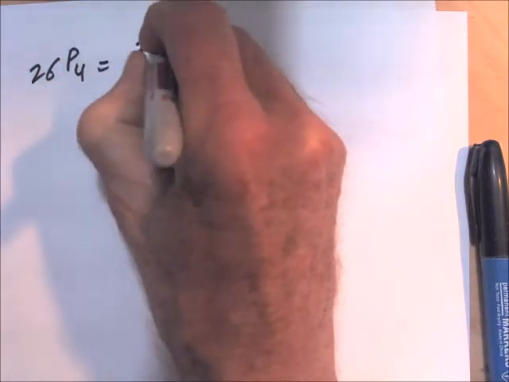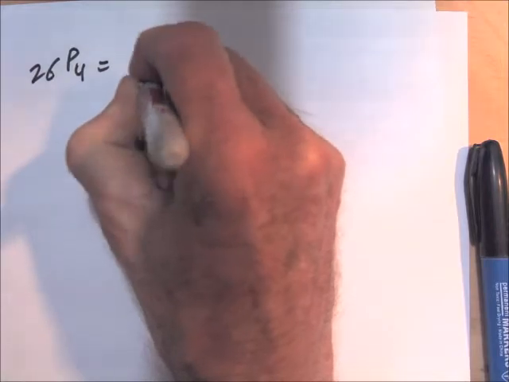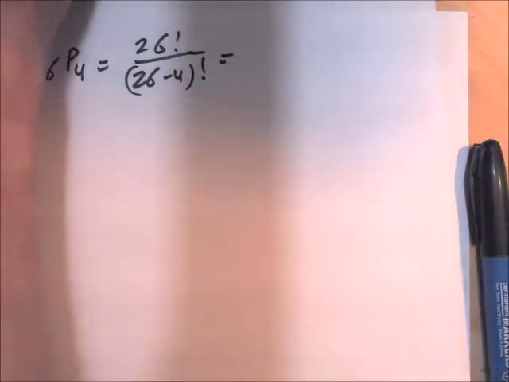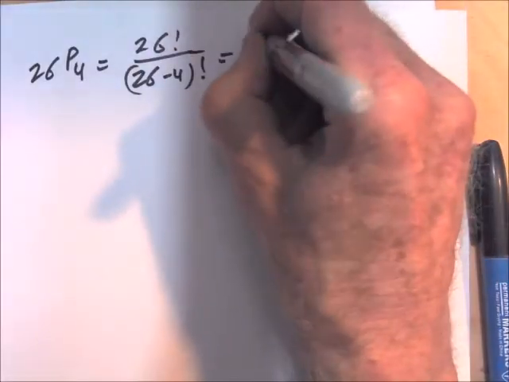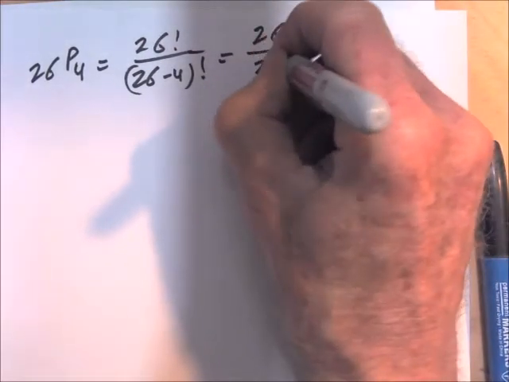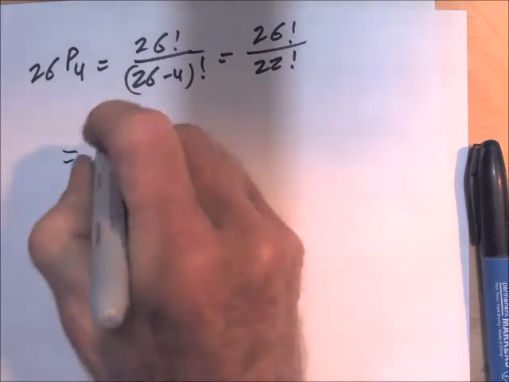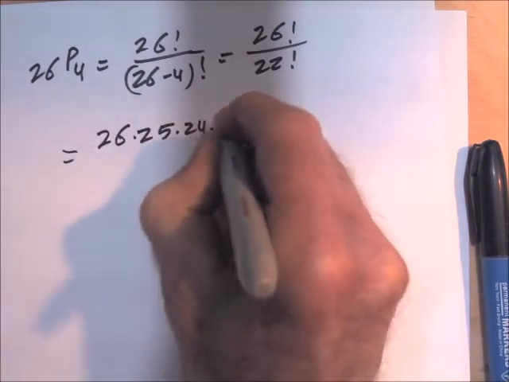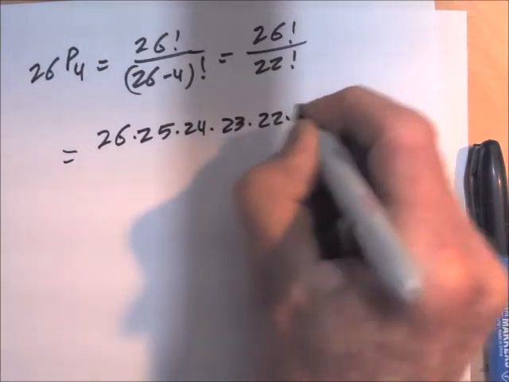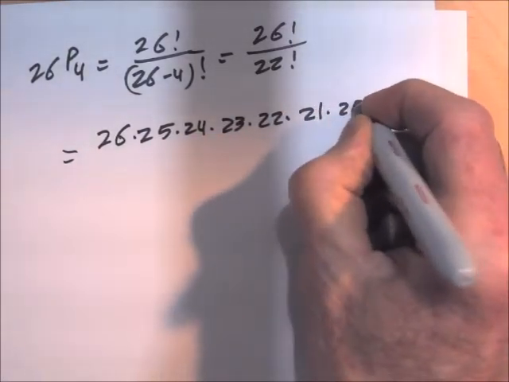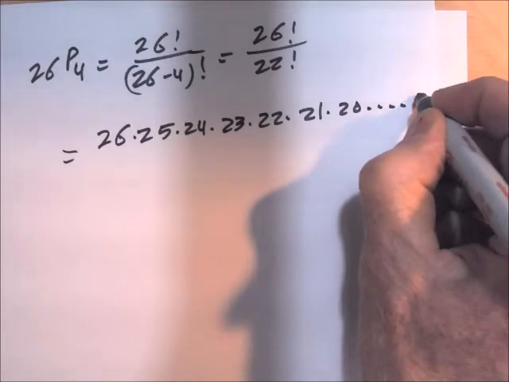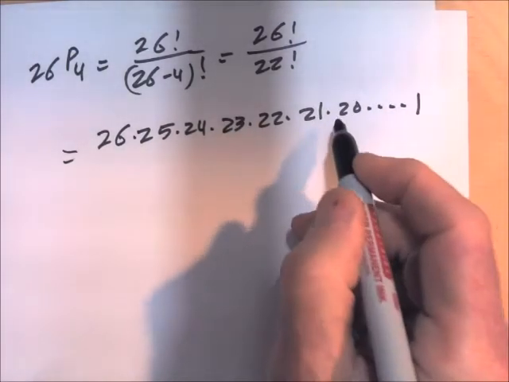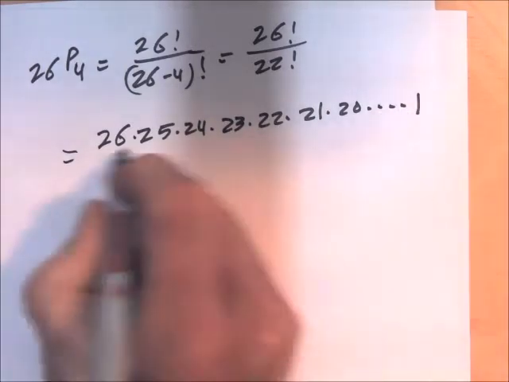26 P 4 is 26 factorial over 26 minus 4 factorial. So that's going to be 26 factorial over 22 factorial. I'm not going to write all these out. So 26 times 25 times 24 times 23 times 22 times 21 times 20, etc., all the way down to 1.